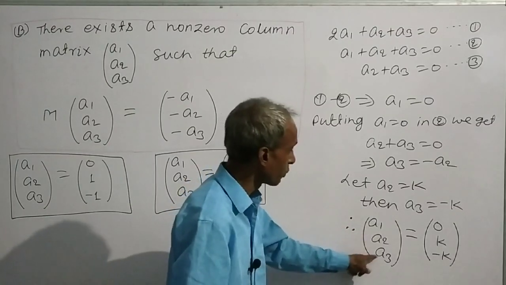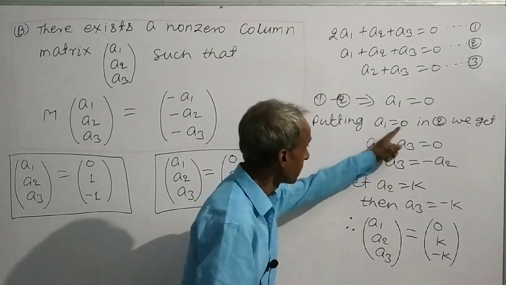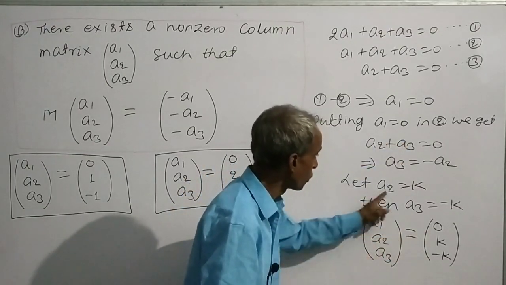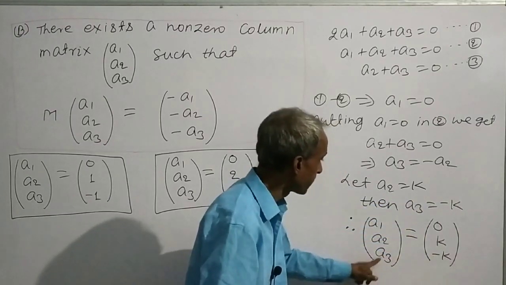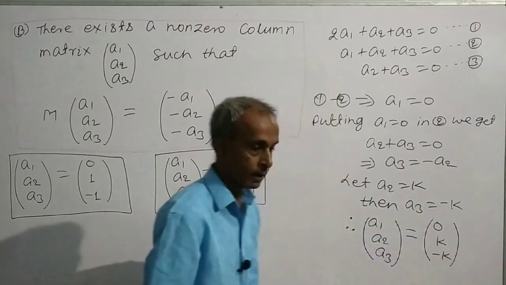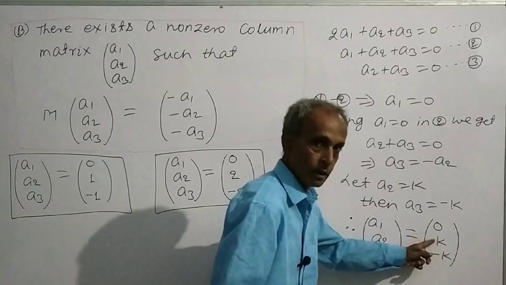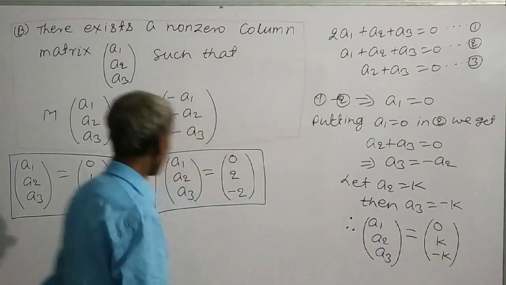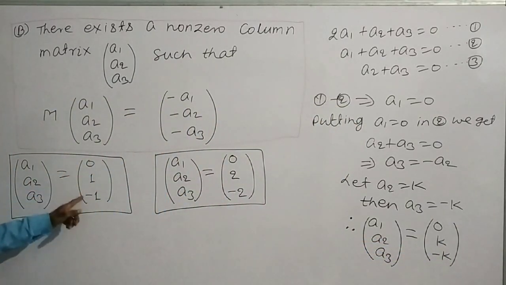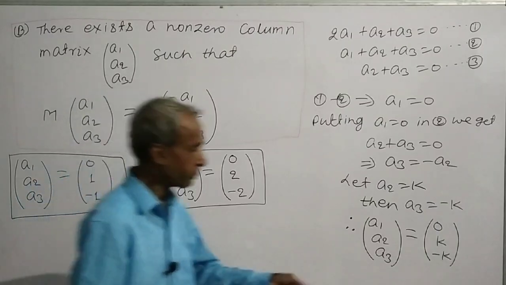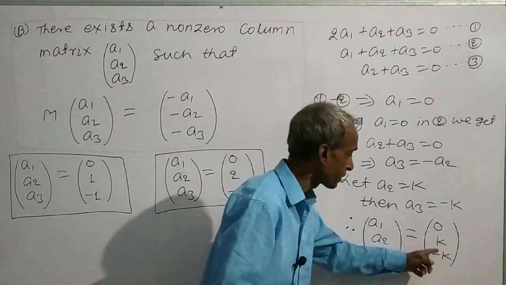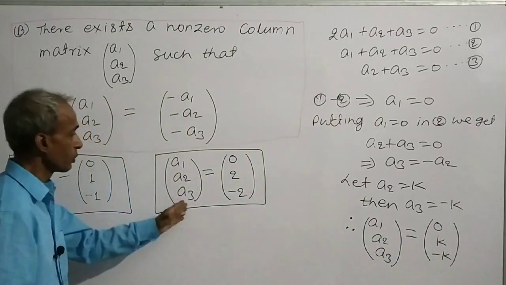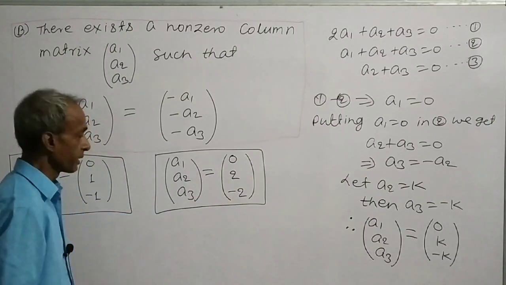Therefore, A1, A2, A3 will be A1 0, A2 k, A3 minus k. When we put 1 in place of k, A1, A2, A3 can be this matrix. If we put 2 in place of k, A1, A2, A3 can be this matrix.